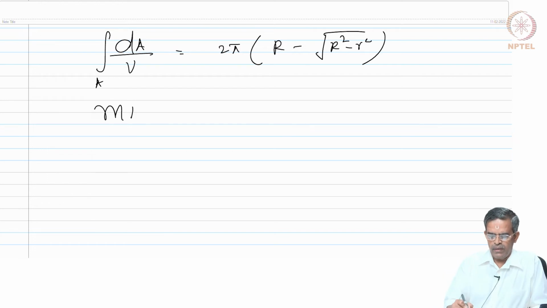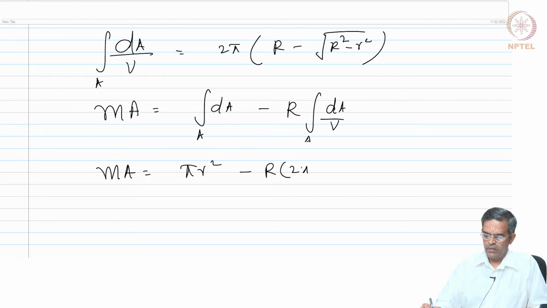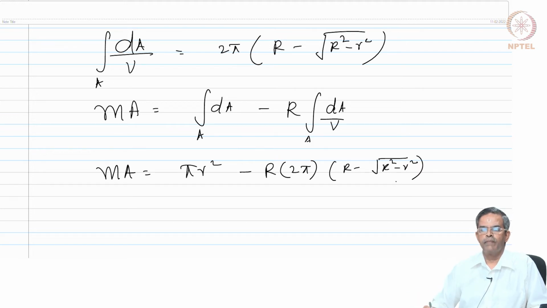So, now MA is integral dA minus R integral dA by V. So, MA in this case is going to be pi r square minus R times 2 pi of R minus root of R square minus r square.